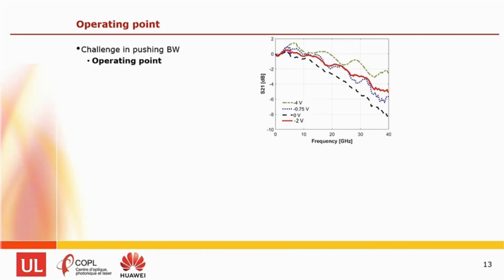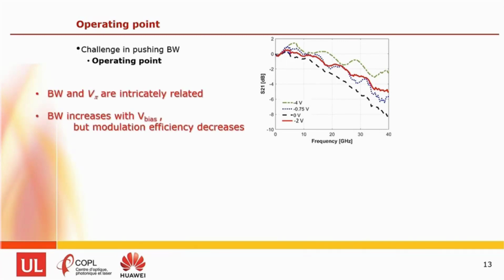Depending on which bias you set your modulator at, you will get different bandwidths, if you define the bandwidth as a 3 dB bandwidth. And of course you would think, well, this doesn't look too difficult. If I want to have a wider bandwidth for my modulator, I'll simply operate it at the appropriate bias point.